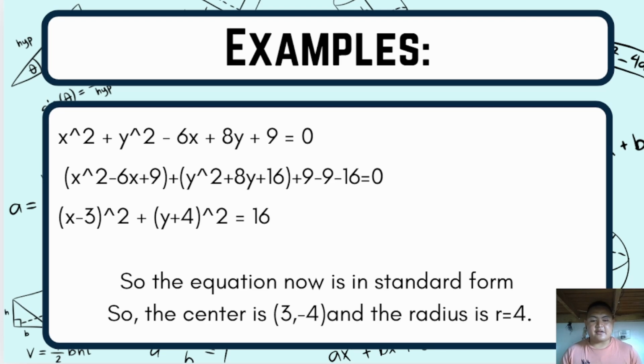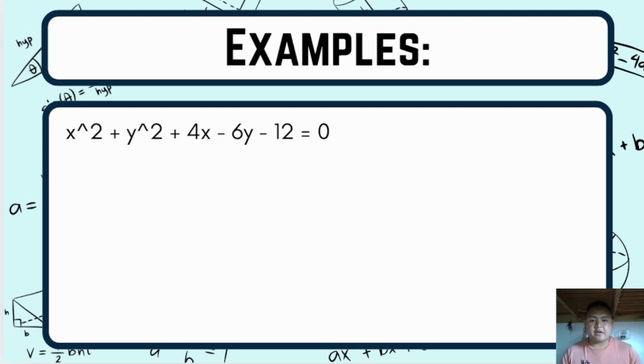So let's have another example. The given is x squared plus y squared plus 4x minus 6y minus 12 equals 0. We recognize this as the general equation of a circle. To rewrite this in standard form, we need to complete the square again for both x and y.